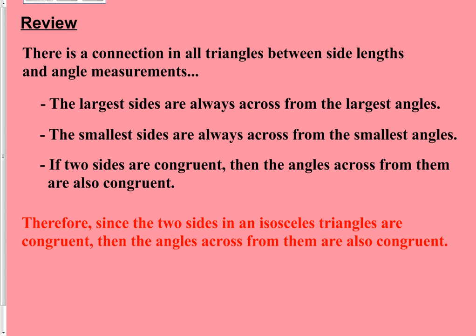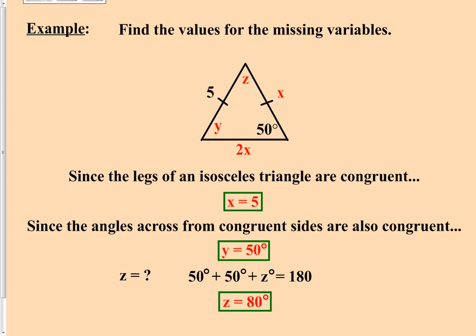What this means is that if you have a tie in your triangle for side lengths, like we do in an isosceles triangle, that means you're also going to have a tie on two of your angle measurements that are across from those two side lengths. Okay, so that's an important property to keep in mind. They do like to put that one in play when they are having you solve for missing information in the triangle. So remember, two side lengths the same, it means two angle measurements are going to be the same. Okay, and that's going to probably unlock your problem for you.